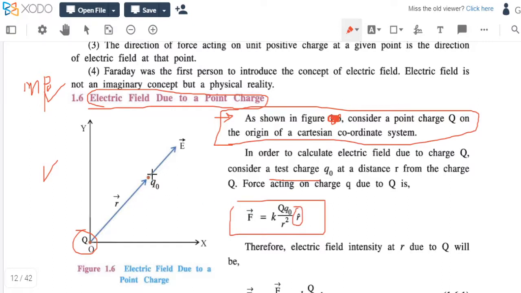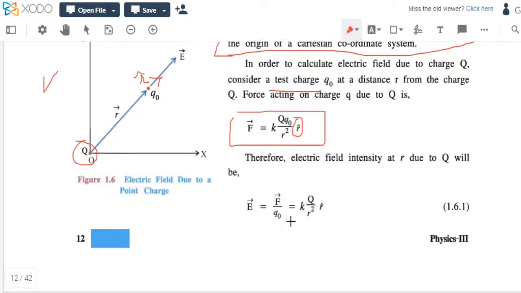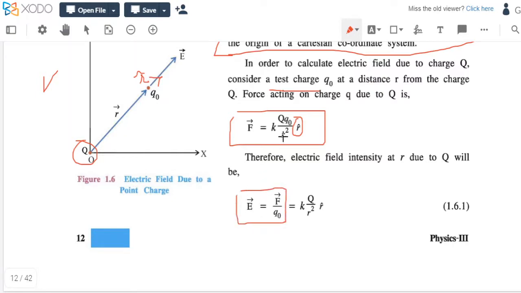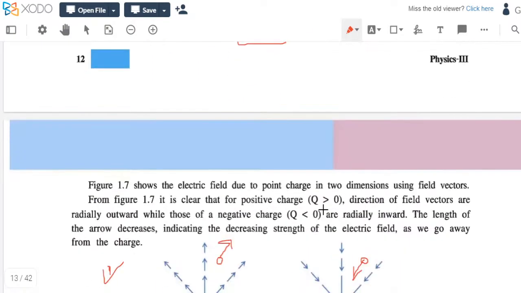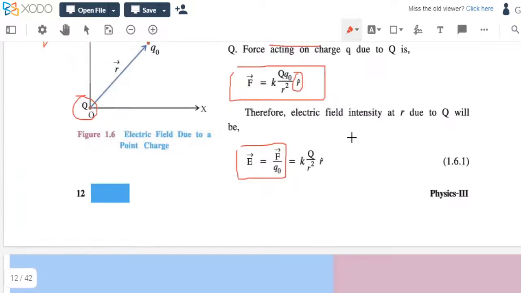You know why r caret? R caret is the direction, the direction of the unit vector. Therefore, the electric field intensity E due to Q will be the force on unit positive charge. By putting this in the equation, we get k Q by r square r caret. So it is done, just done.